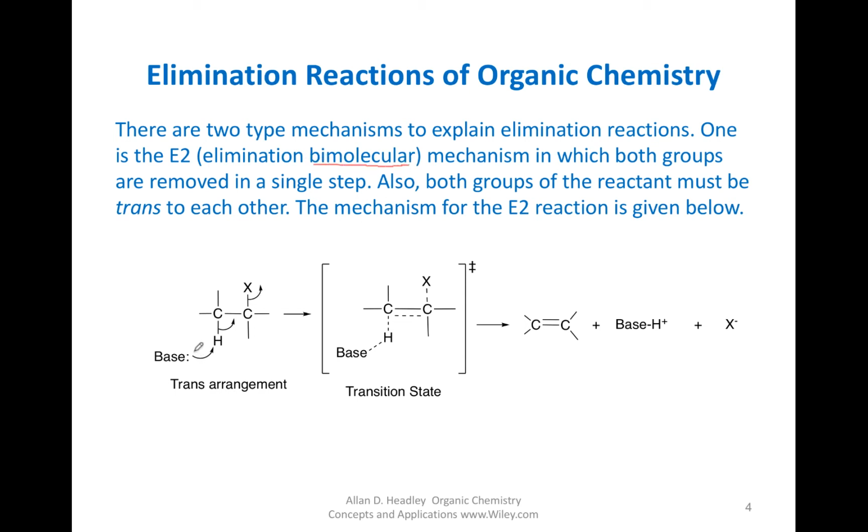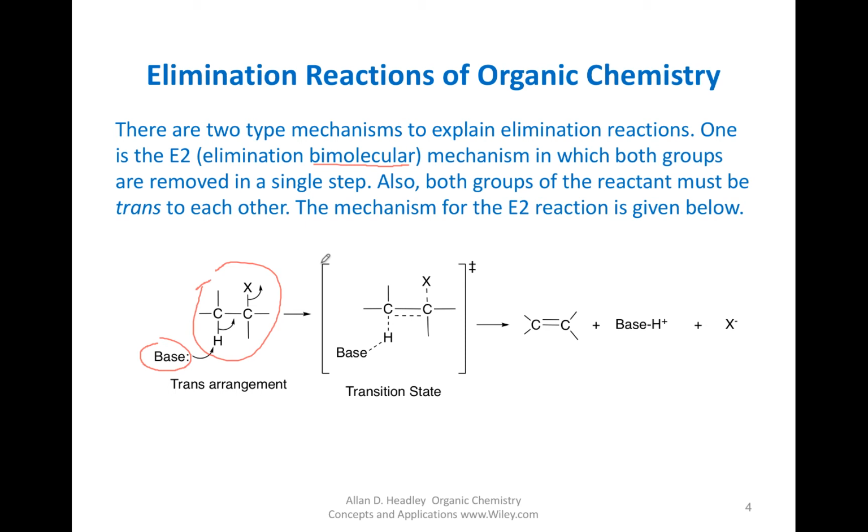Because in the important step, and this is just a one-step reaction, there are two reactants here. So two reactants, bimolecular, are required in the most important step, which is the only step of that reaction.